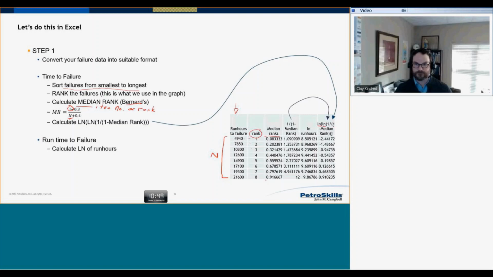Remember, this is what Weibull's genius identified. If I take a log and put that on the vertical axis against the log of the run hours, these run hours here, I now plot this on the x-axis and this on the y-axis.